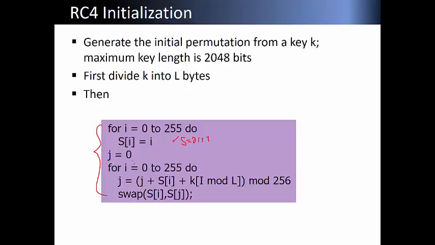And j initially equals 0, and then for i equals 0 to 255, we want to do this. We want to swap using the given initialization vector.